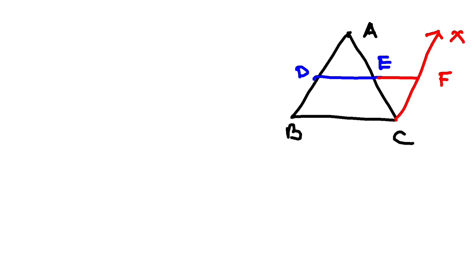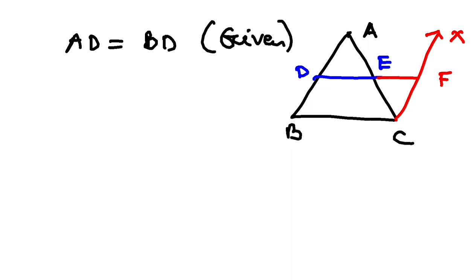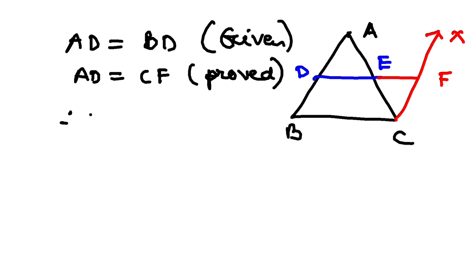All right, so we have AD equal to BD. This is basically given because D is a midpoint, and we have just proved that AD is equal to CF. Using transitivity, that means BD, not triangle, BD line segment is equal to CF. That means these two sides are equal.